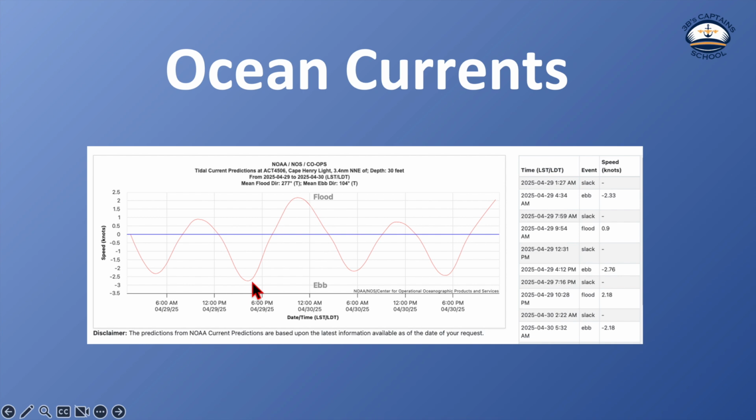And then at 4:12, I'm going to have an ebb at 2.76 knots. So anyways, we can check our different times and read what the current should be doing at those specific times in this area, which is 3.4 nautical miles northeast of Cape Henry Light at a depth of 30 feet.